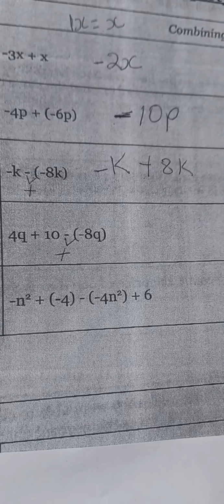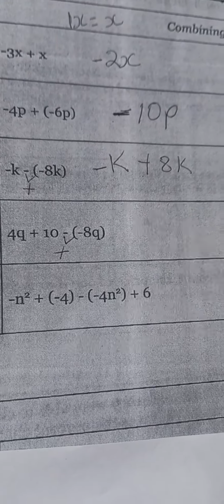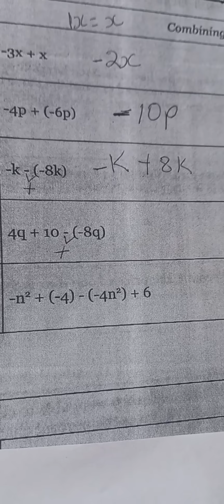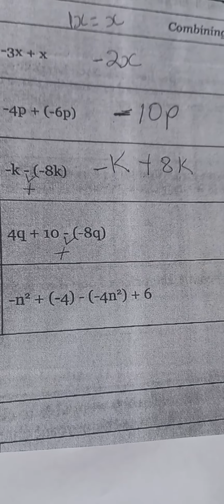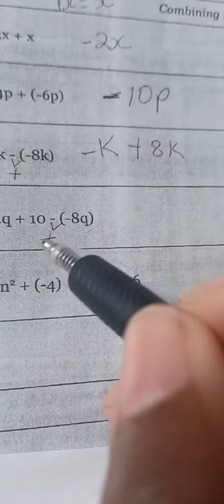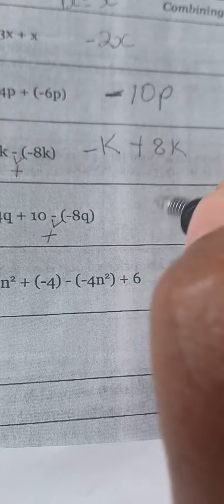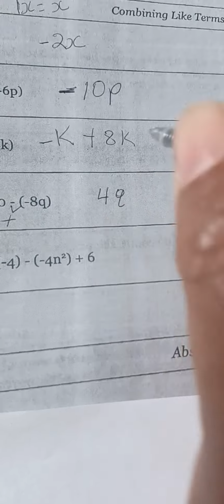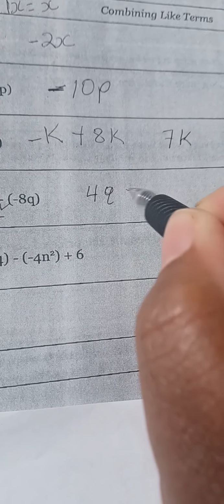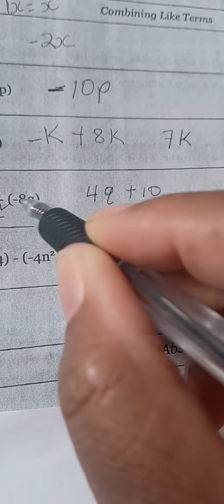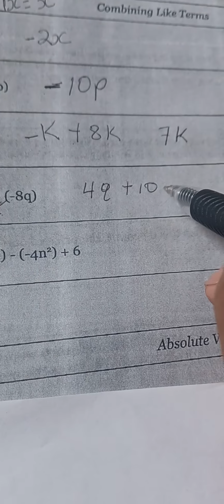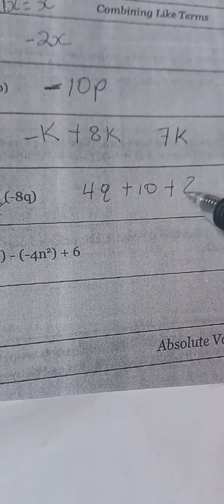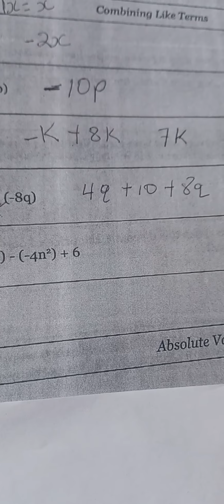When you add two negative numbers, you keep the sign and you add the digits, right? So here, let's rewrite this. We have 4q plus 10. Negative times negative is a positive, so positive 8q.